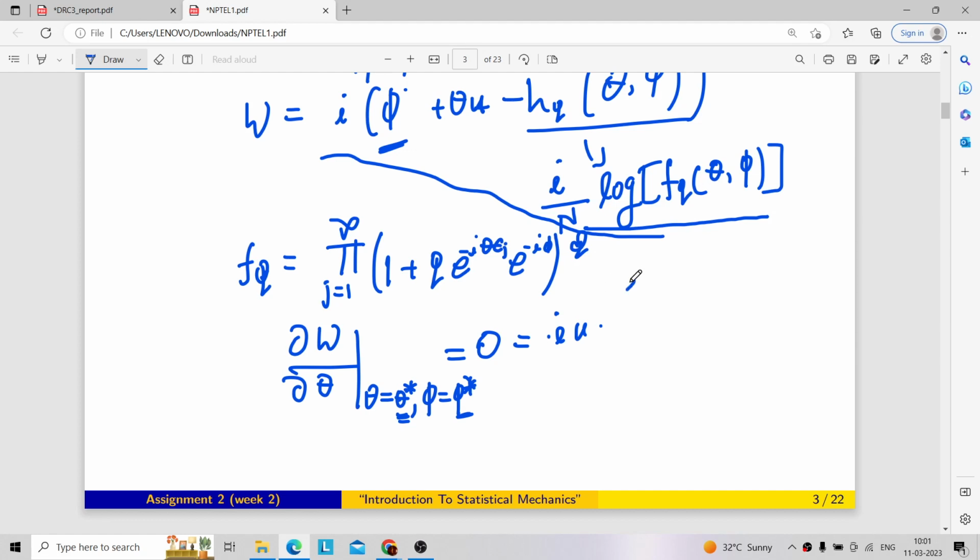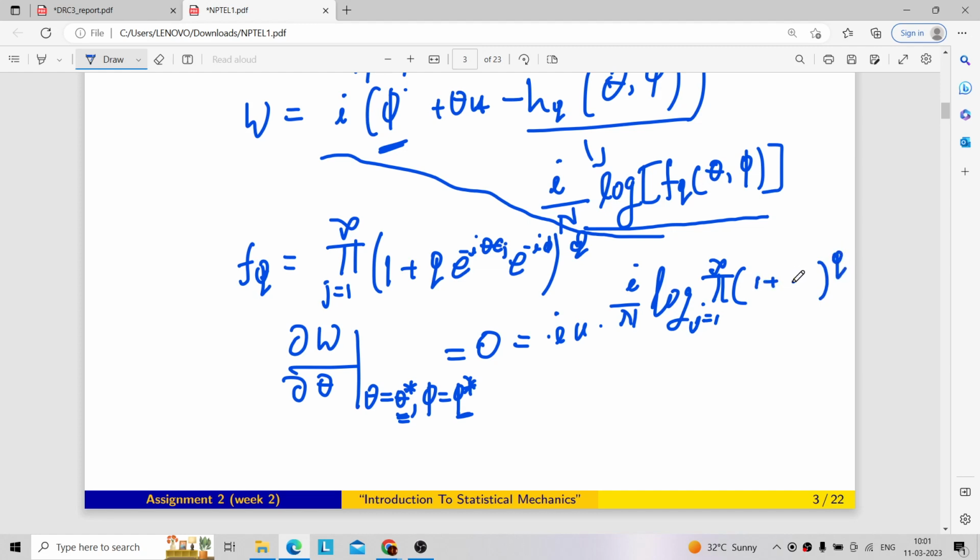So I have I over n logarithm of product j equal to 1 to infinity, and I have this term, 1 plus this term. I am not writing it again.